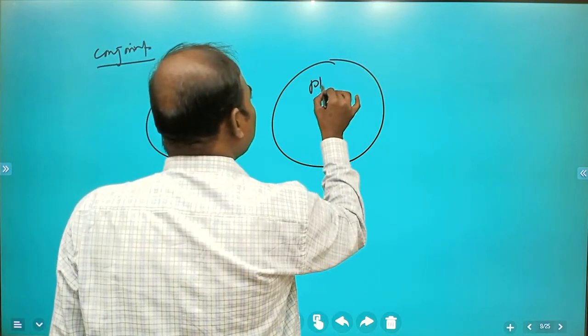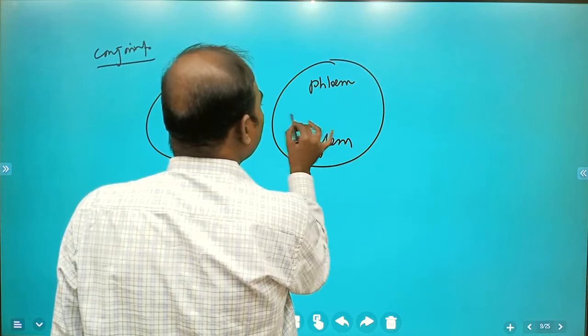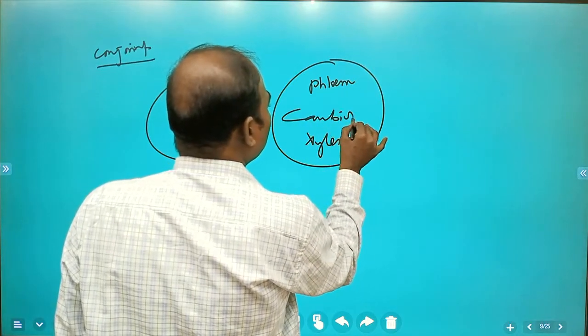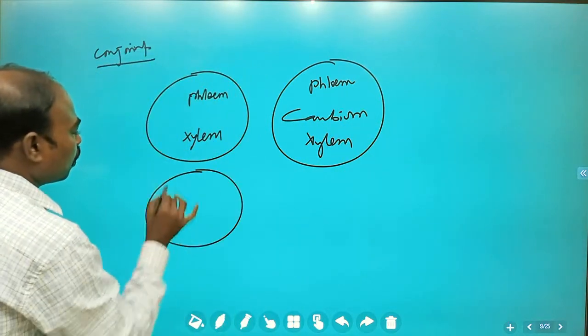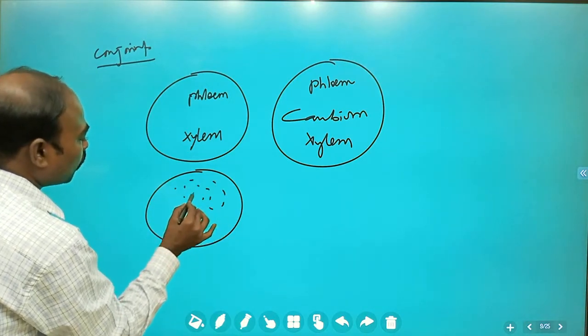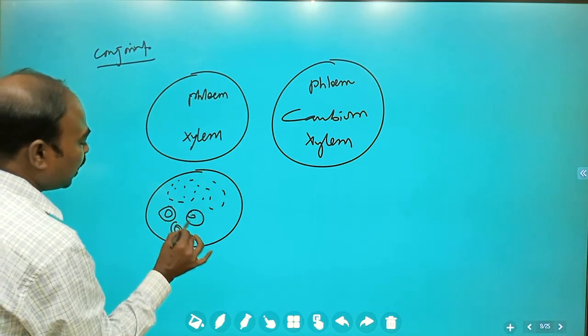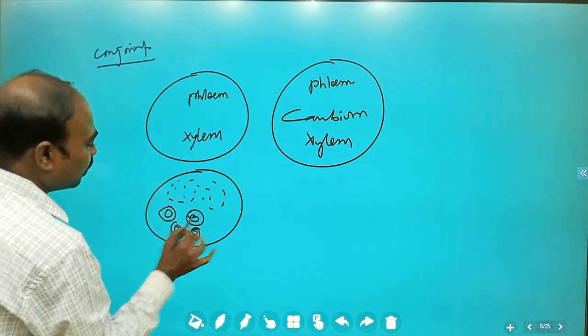Between phloem and xylem there is a cambium, meaning phloem tissues are located towards the outer side with xylem towards the inner side.